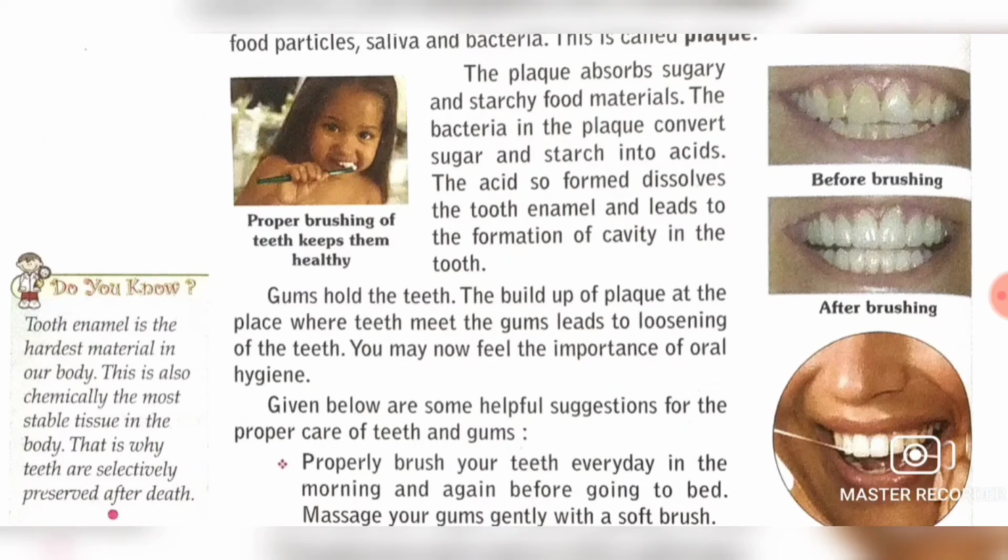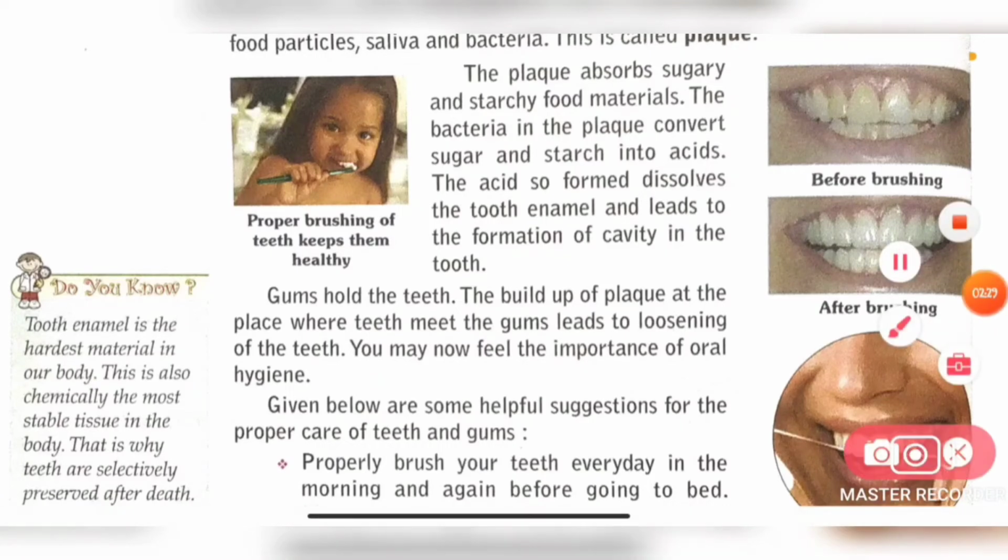These acids dissolve the enamel of the tooth and form the cavities, and when these cavities get worse, our teeth may fall off, and obviously there is a huge pain.